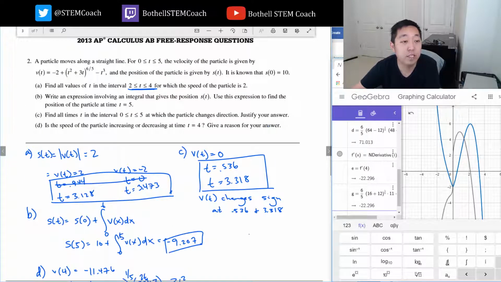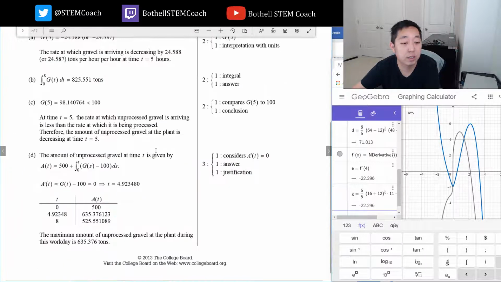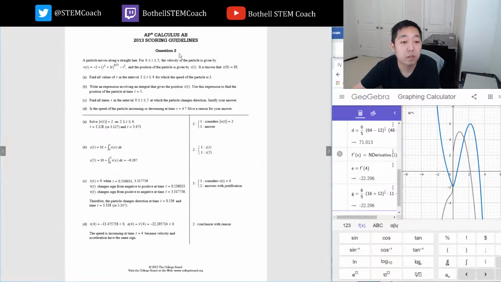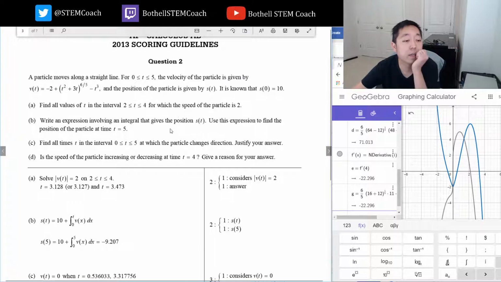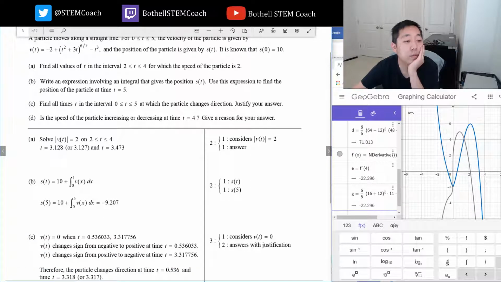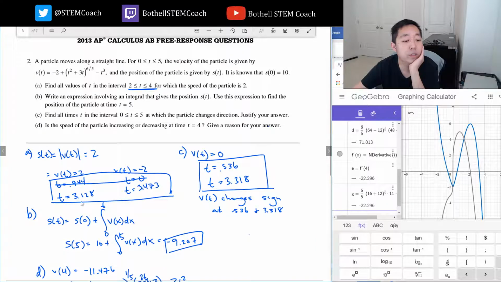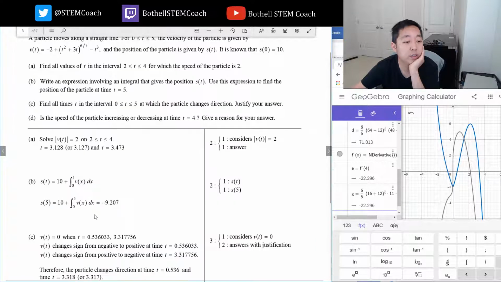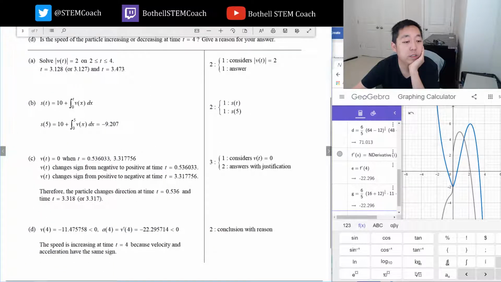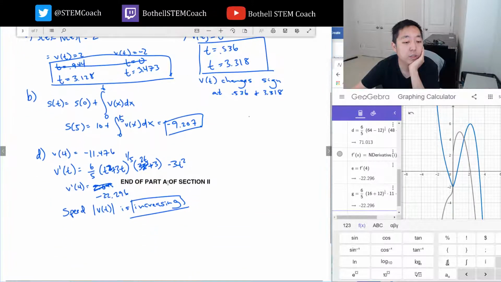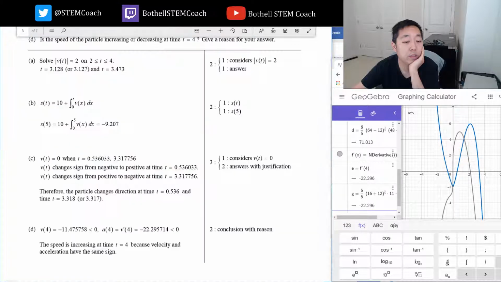Okay, let's finally check the scoring guidelines. Let's see how we did on this one. Zoom in so we can read this better. Okay, 3.128, 3.473. Okay, good. Negative 9.207, good. Changes from positive to negative, so I said at 0.536 and 3.318, that's correct.